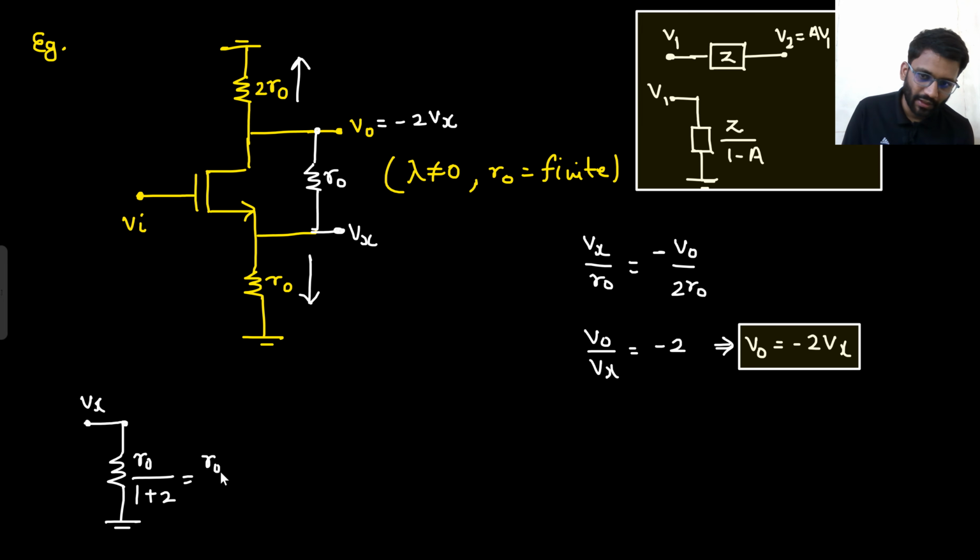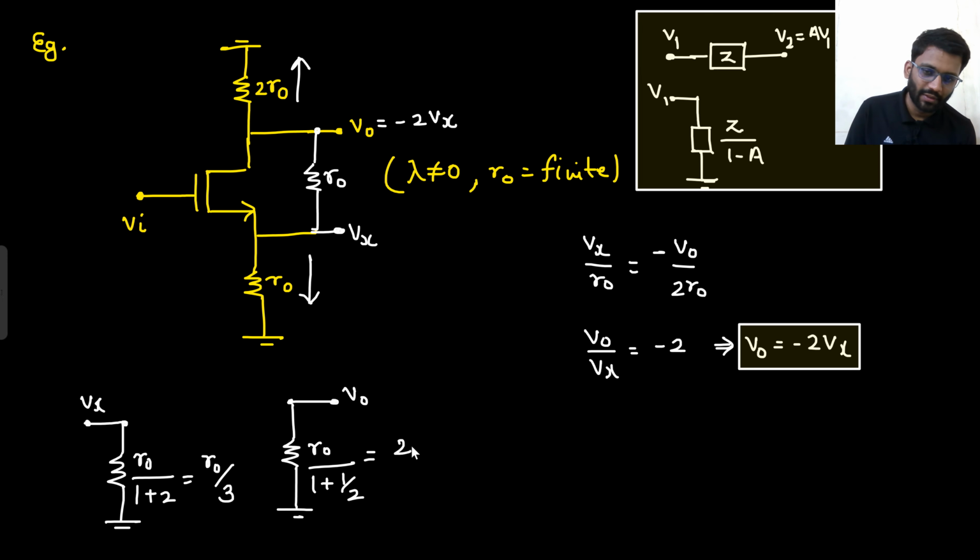So that would be R naught by 3. And what will V naught say? From V0 to ground, I will see R naught upon 1 minus 1 by A, that is 1 by 2. So it will be 2 R naught by 3.